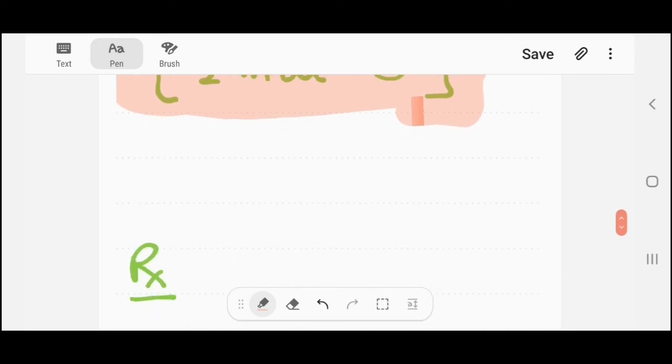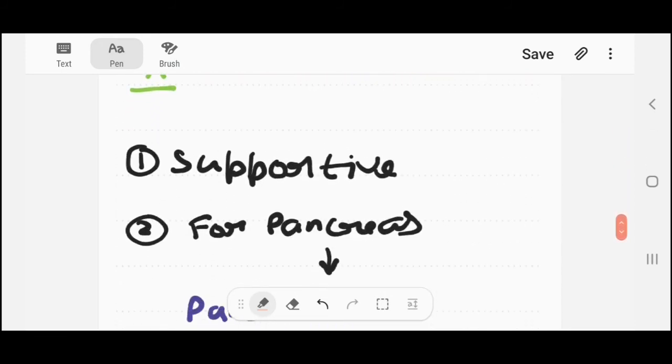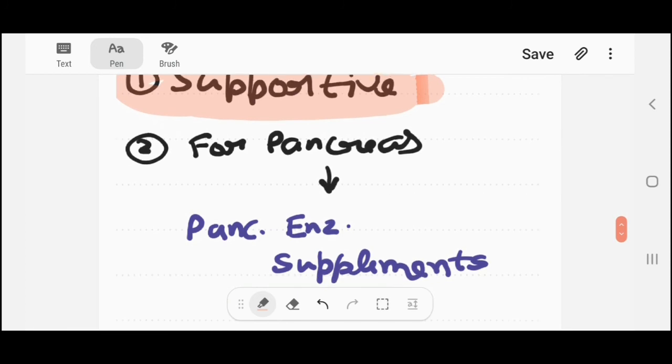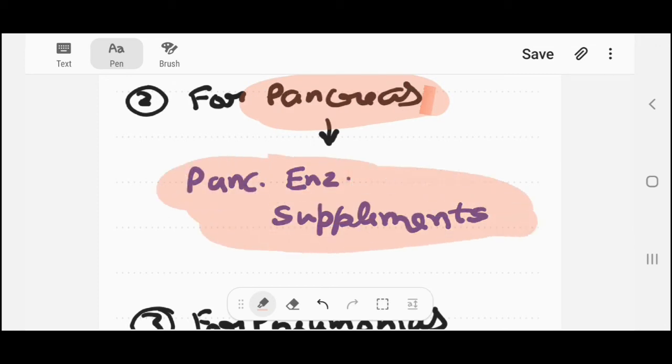So guys, this is very important. Now coming to the treatment. Mostly there is only supportive treatment for the cystic fibrosis patient, and there is different treatment for different manifestations. First of all, if there is a pancreatic manifestation, we can give pancreatic enzyme supplements.